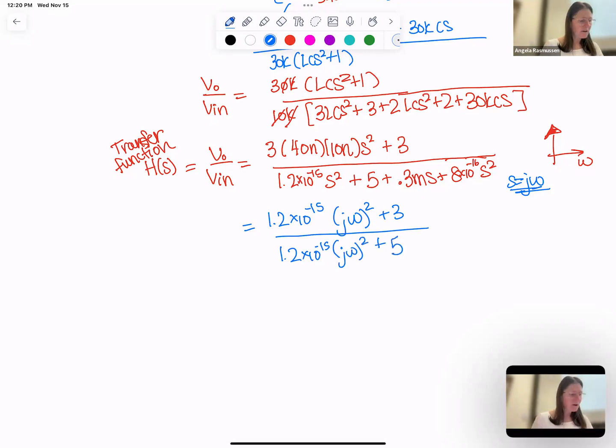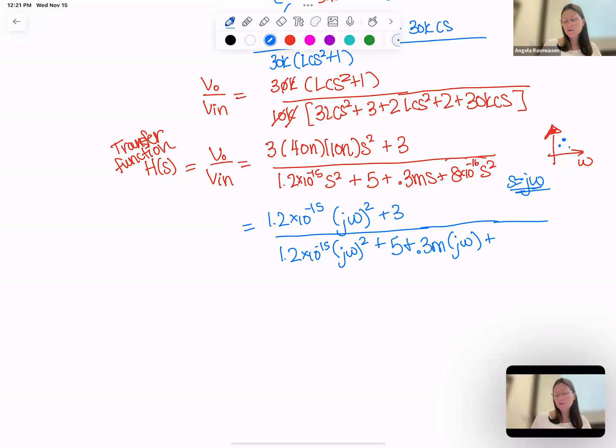So how would I graph this? I have to put in a value for omega and then plot it on this plot. I'll get one value for each omega. Then I change the omega, get another point, and again, and I'll get something for every single omega.